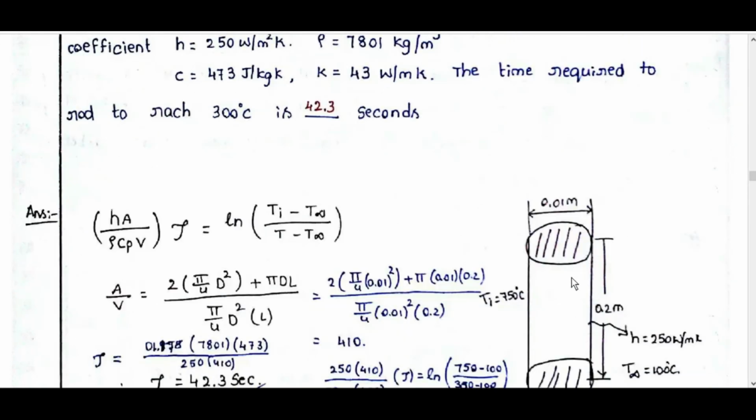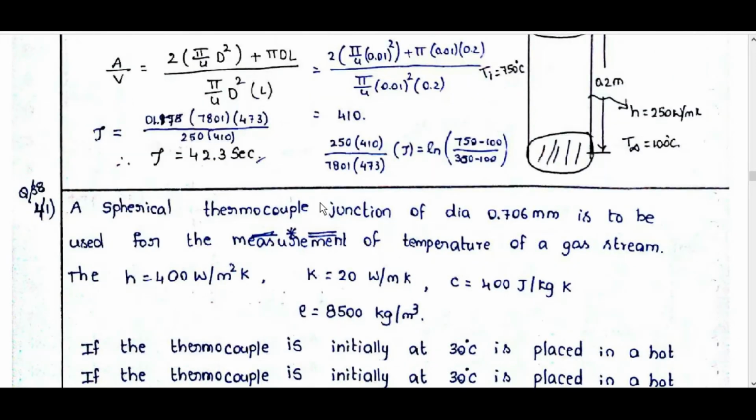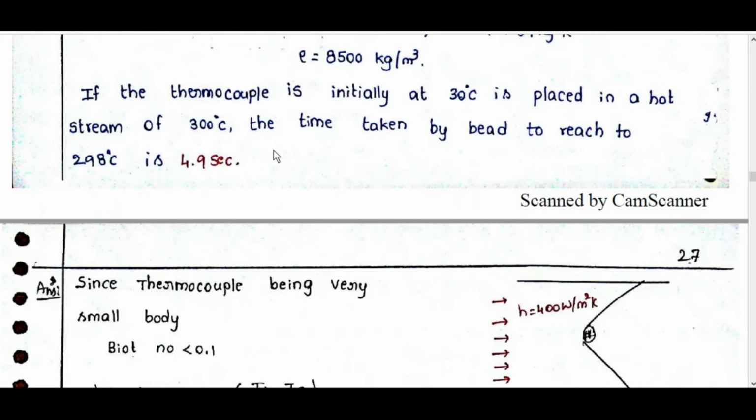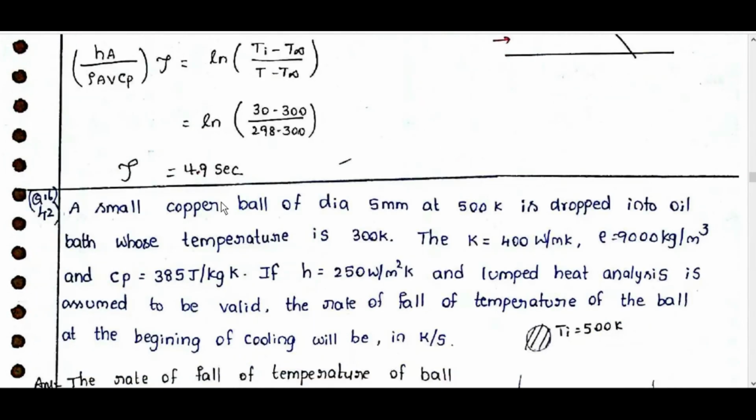Here it is a cylinder, so the area is 2 into pi by 4 d square plus pi d L, as this whole area is subjected to convection, and V is pi by 4 d square L, remaining all are same. Spherical thermocouple, Biot number less than 0.1, same formula.